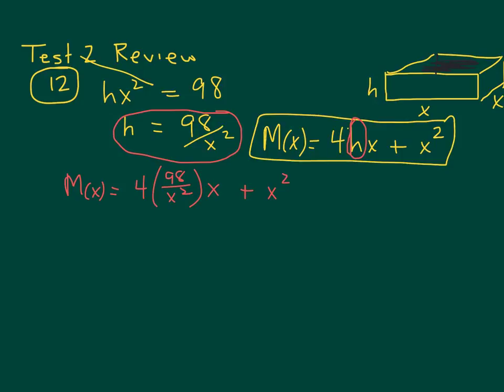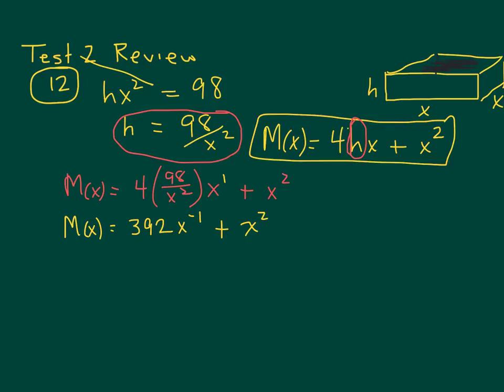So the next step is to clean up this algebra a bit. So cleaning it up, we would get 392 x to a negative 1, and that's just one of the rules of exponents. This is x to a first power, and then on the bottom we have x to a second power, and since 1 minus 2 is negative 1, we know that reduces down to x to a negative 1, and then that's plus x squared.